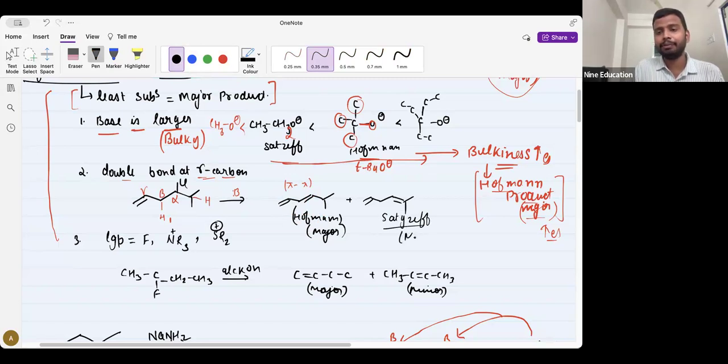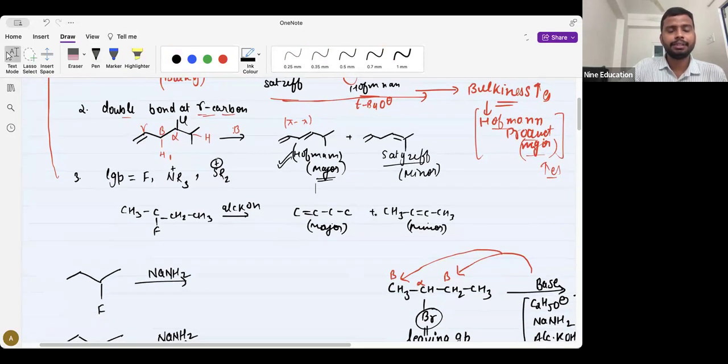Therefore Zaitsev will be minor, and due to resonance, pi conjugation, our Hoffman product will be major. क्योंकि conjugation आया, resonance effect, है ना? We will always see resonance in comparison to hyperconjugation, है ना? Resonance is a bigger effect than hyperconjugation. याद रखें. This is our second case.